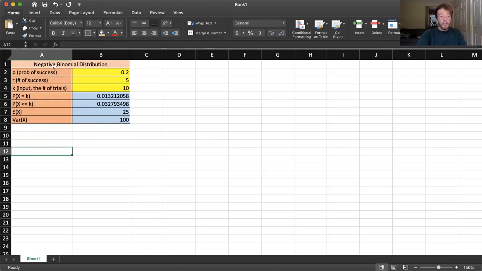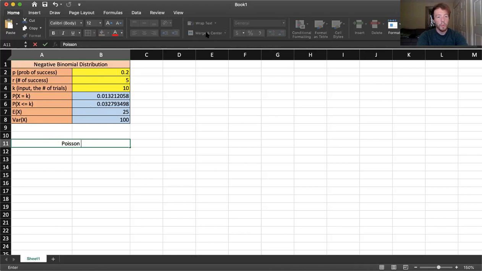So now that we've done this with one, let's try doing it with another. So that was the negative binomial. Maybe let's try the Poisson next. So here, I'll do merge and center. I'll say the Poisson distribution. And what are the things that we want to input for the Poisson?